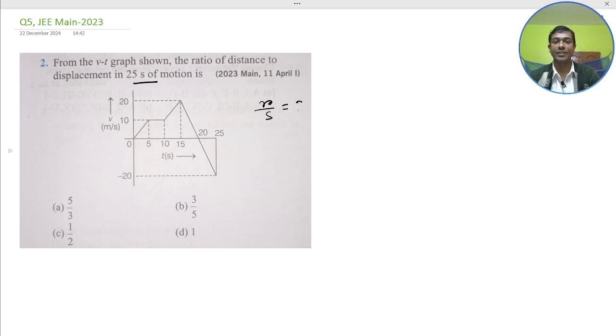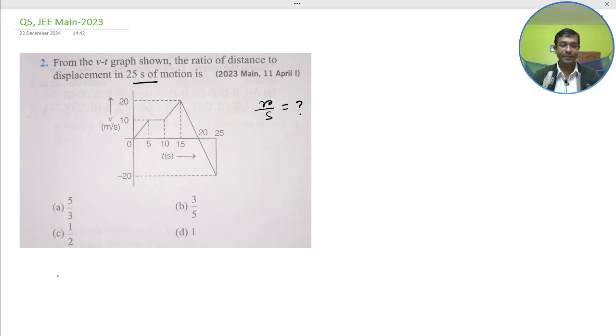You have to find this ratio. Here the v-t graph is given. You just need to know one thing: in a v-t graph, s means integral of v dt, the area under the curve. So displacement is the area under the curve.